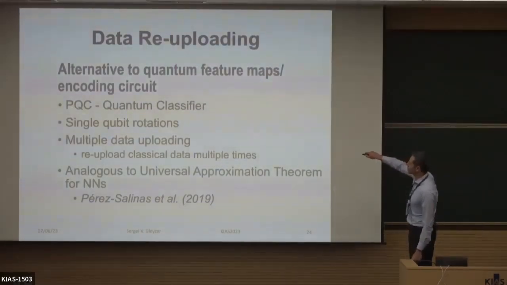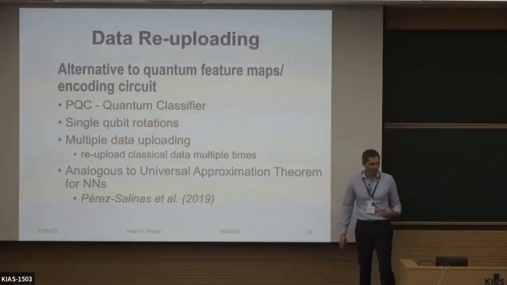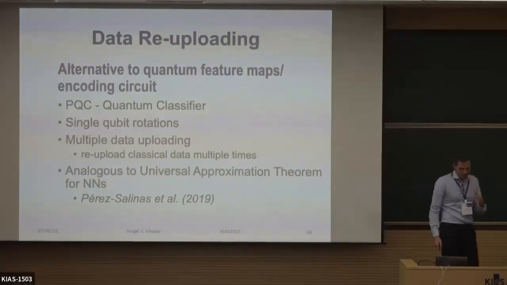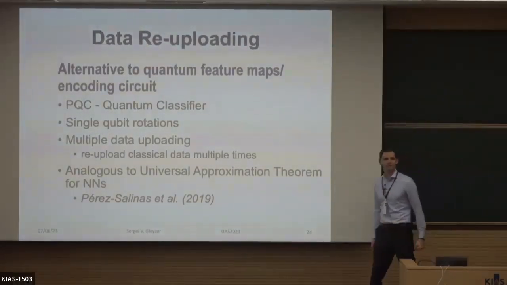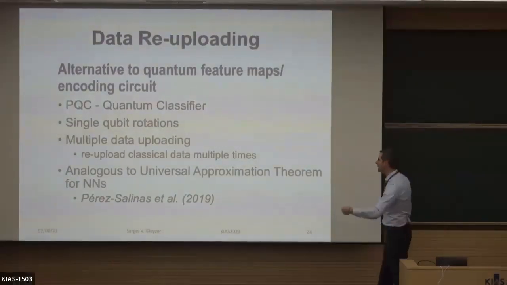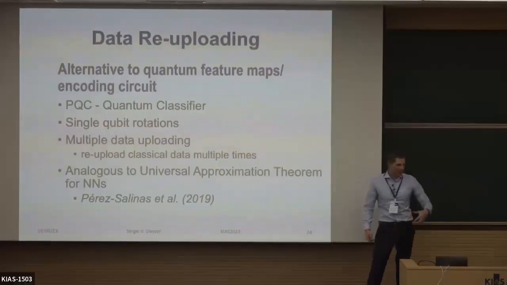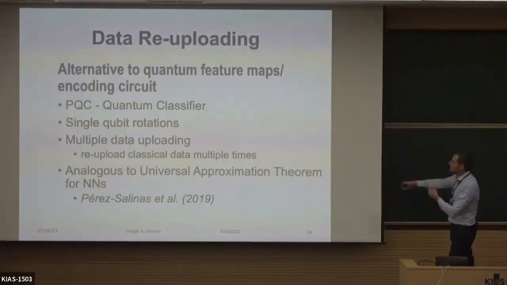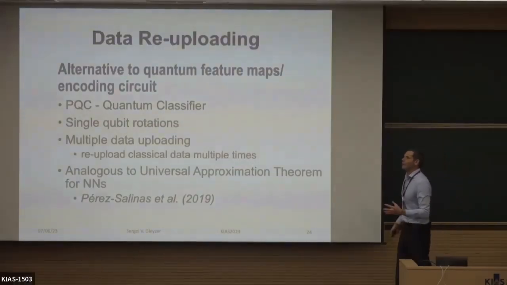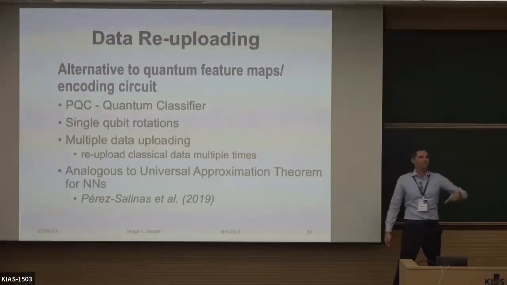The idea is that if you have a parametrized quantum circuit, let's say a classifier, with, for example, single-qubit rotations, you reupload your classical data multiple times. Every time you do that, you're basically resetting your state. It's almost like feeding the classical data in chunks, multiple times.